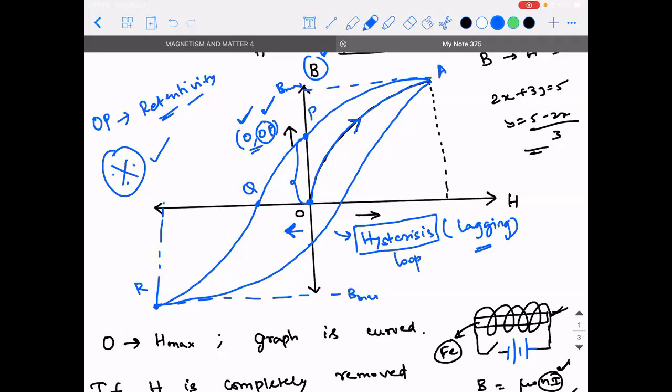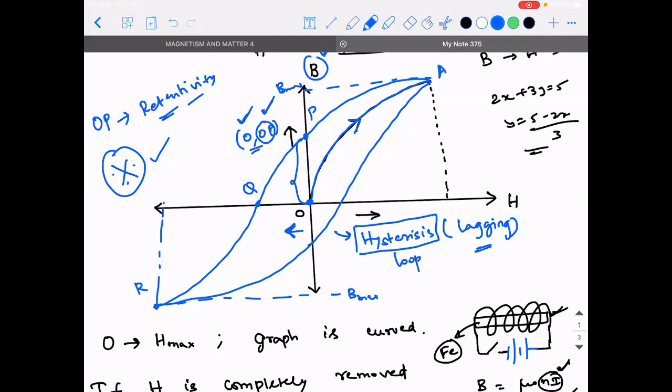So I have a doubt. Please tell me. So here, after we provide H value, then after that only we'll get the B value. That's why it's lagging. Yes. Clear with this? Yes, sir.